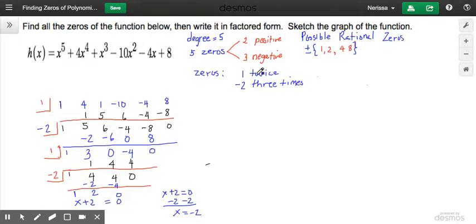Okay, so twice and 3 times add up to 5 times. So even if there are only 2 different zeros, if we count the repetition, the number of zeros will still be the same as the degree of the polynomial. Okay, so now let's try to sketch the graph.